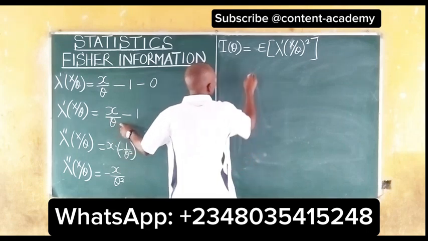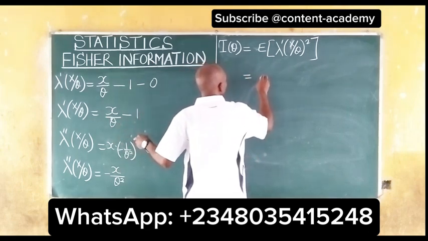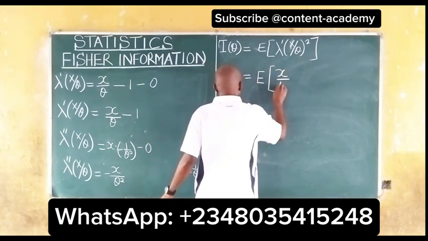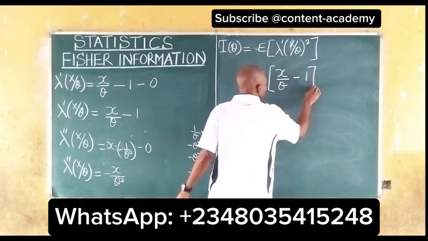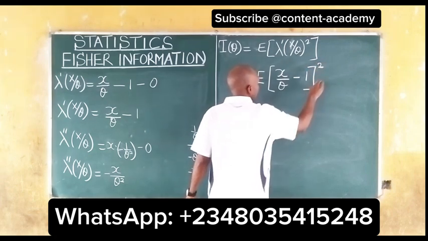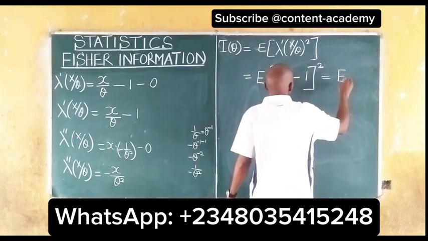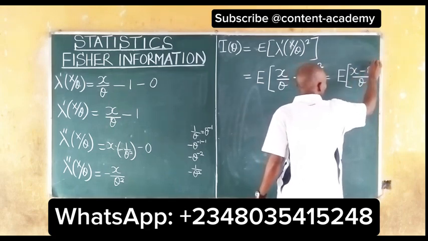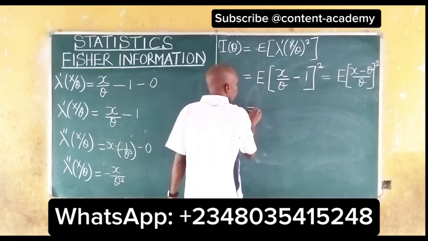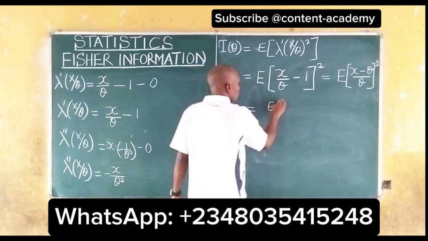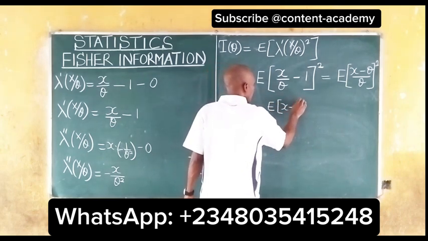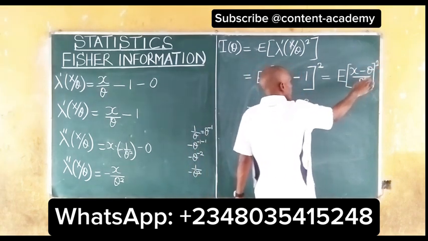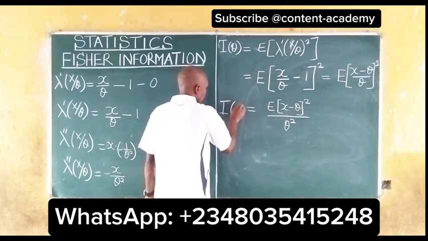So we have this to be the expectation of, say, x all over theta minus 1 squared, which is the same thing as the expectation of x minus theta all over theta squared, which is also equal to the expectation of x minus theta all squared all over theta squared, because this square is affecting the theta down.